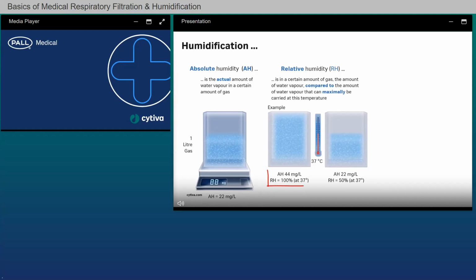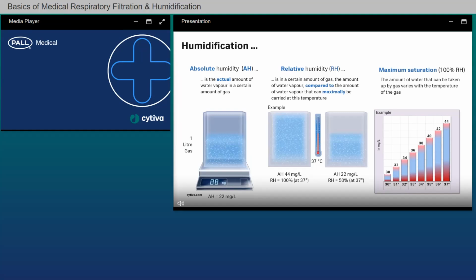For example, if I would have 44 milligram per liter at 37 degrees Celsius, that will be 100% relative humidity, because that's the absolute amount the air could hold at that temperature. If I would only have 22 milligram per liter in the same air, it would be only half of what the air could hold, hence 50% relative humidity.